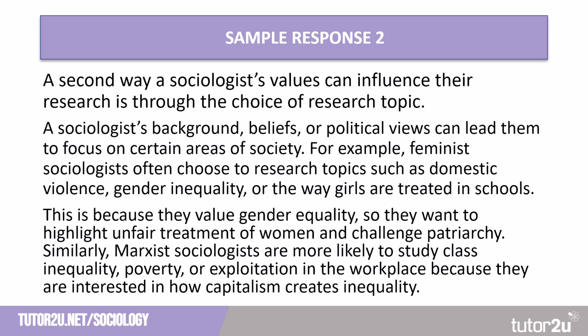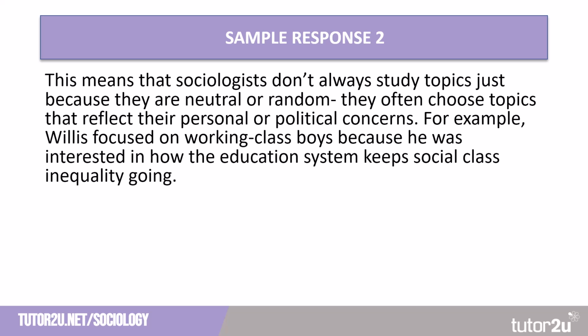What I've done here is I've shown a good knowledge of how values can influence the choice of topic. I may need to develop it a bit further to get that very good knowledge, so I'm going to use an example. This means that sociologists don't always study topics just because they are neutral or random.